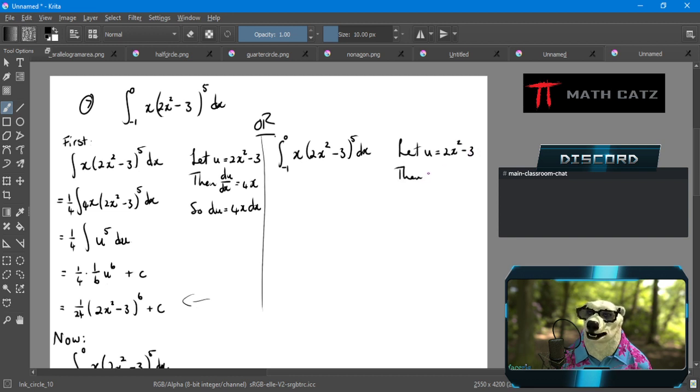Take the derivative, du dx, get 4x, separate the differentials, 4x dx, and so on. I have the same issue that I need to see a 4, so I'm going to pay the price to bring in a 4 so that I'm able to get rid of all the x's as I should.